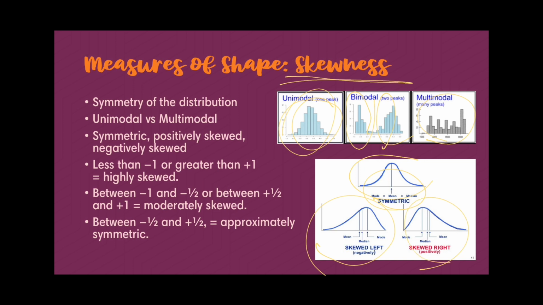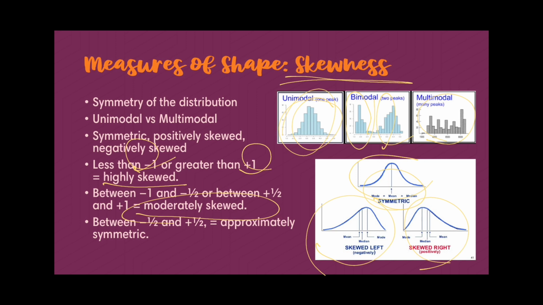So when we run our skewness tests, if it's less than -1 or greater than 1, then it's highly skewed. Of course, the negative and the positive will tell you whether it's highly positively or highly negatively skewed. And then if it's between -1 and -0.5 or 0.5 and 1, then it's moderately skewed.